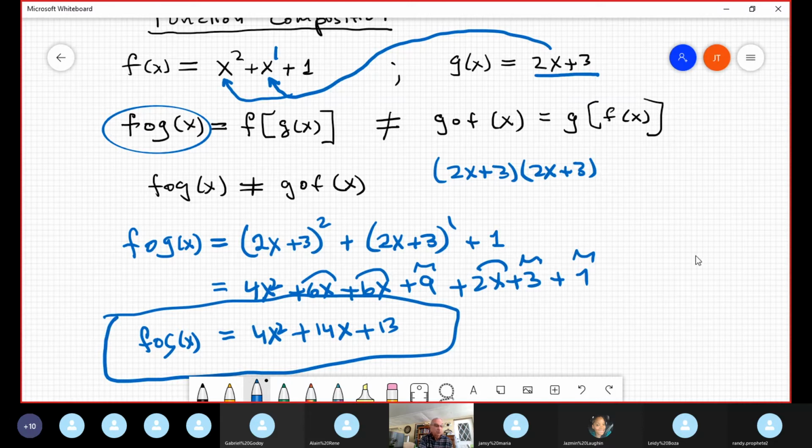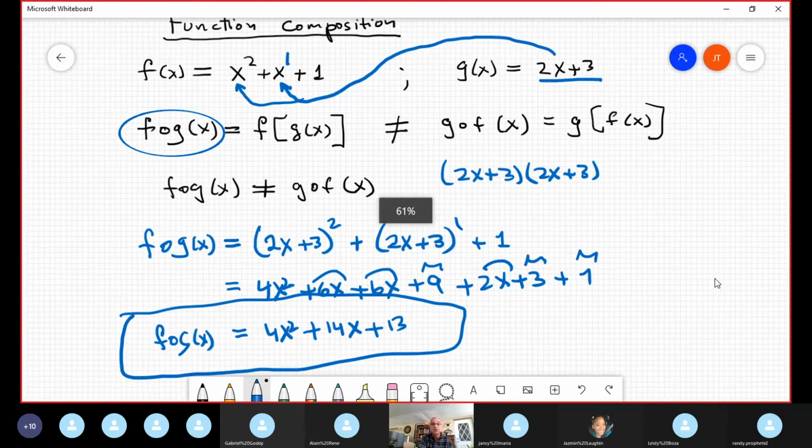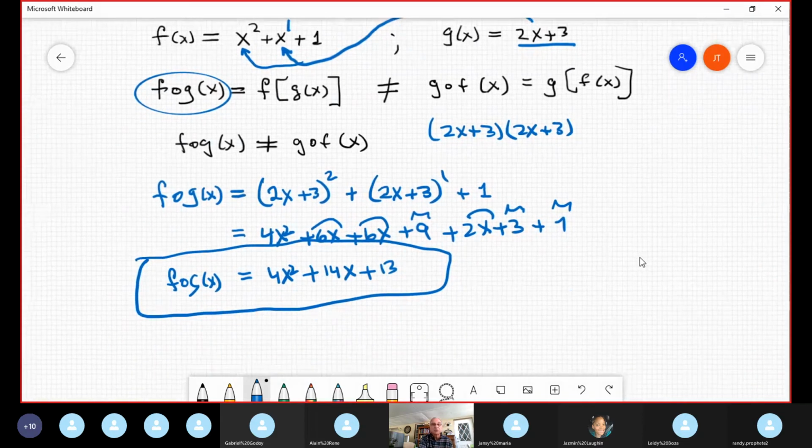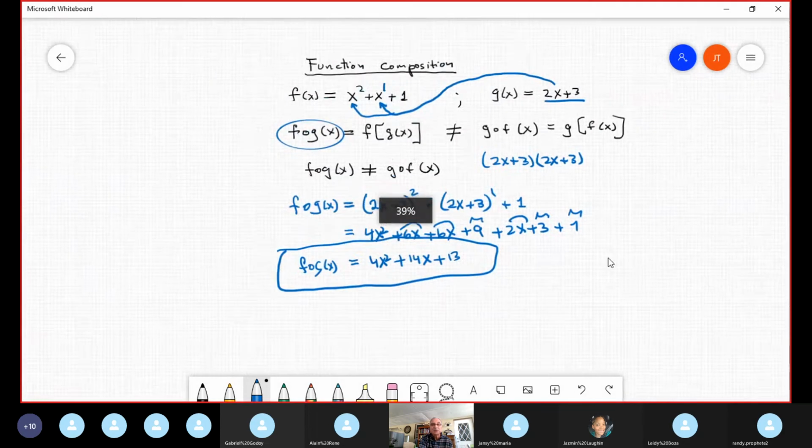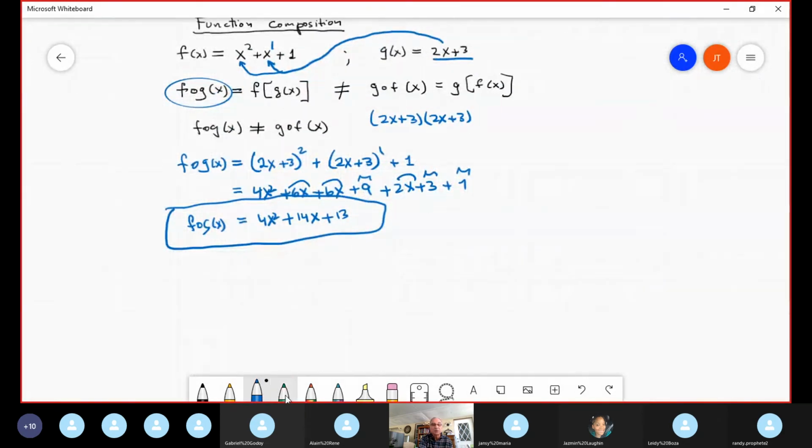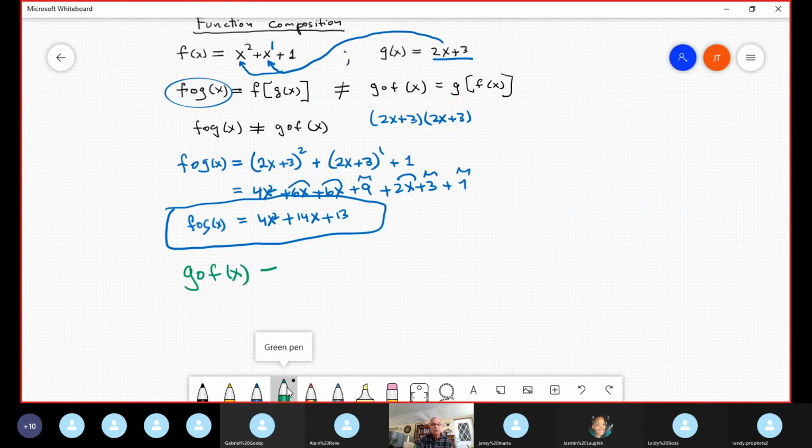Let's do it in the opposite direction. Suppose I want to do it in green color: G composition F of x. It's a completely different idea.